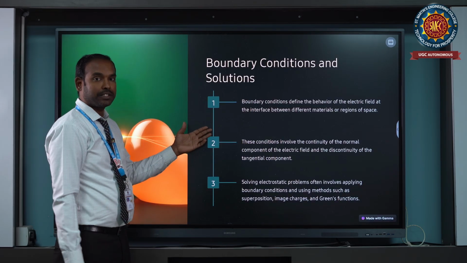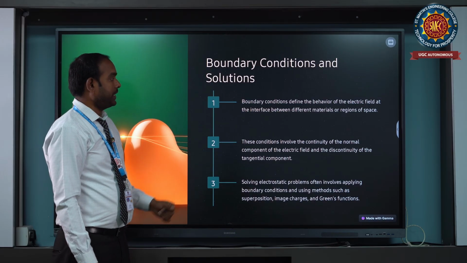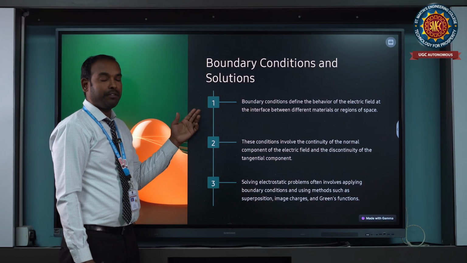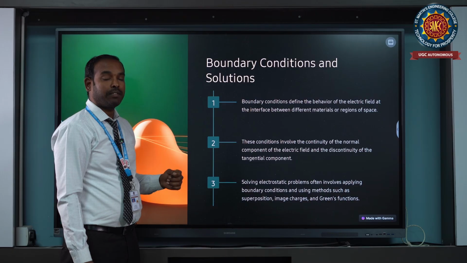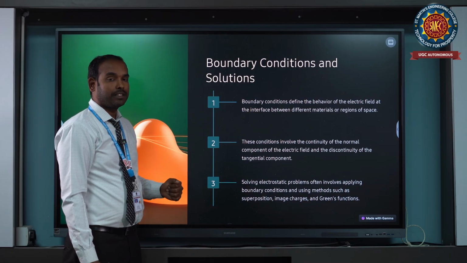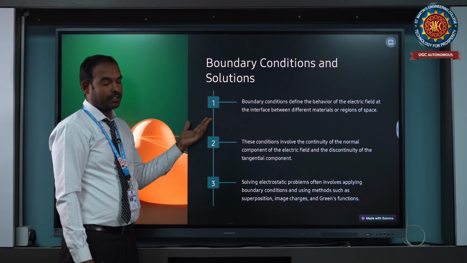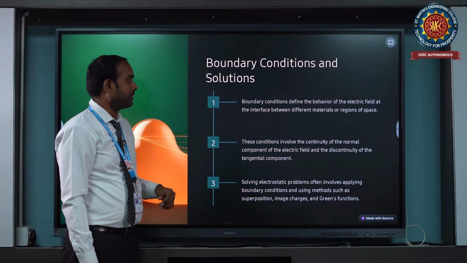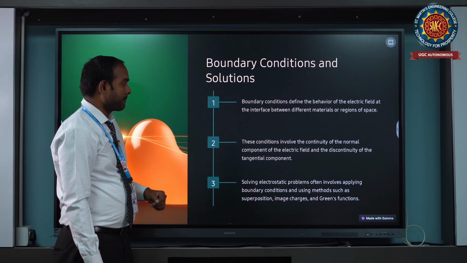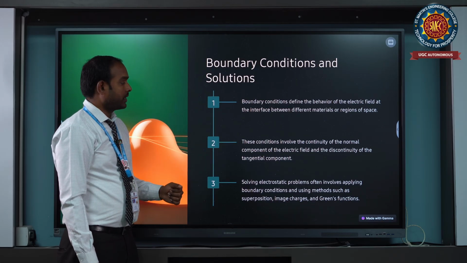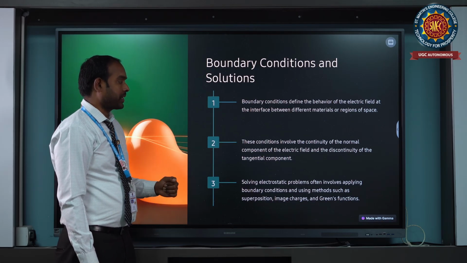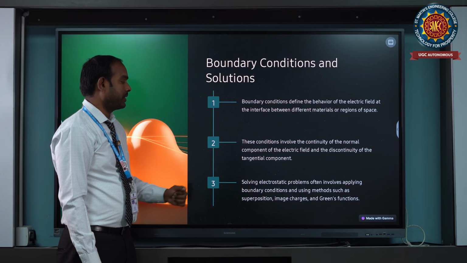Next, boundary conditions. Boundary conditions define the behavior of electric field at the interface between two different media. Also helpful in determining the field if the electric field is known in another region. The conditions involve continuity of normal component of electric field and discontinuity of tangential component.